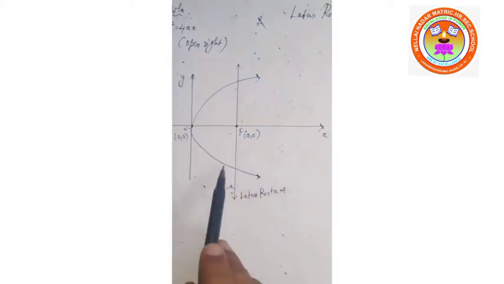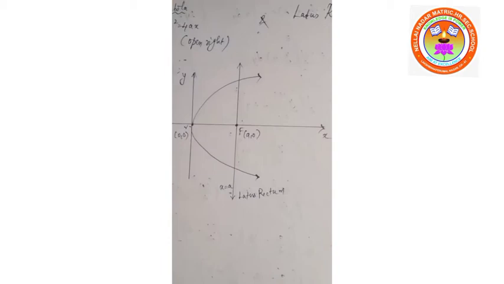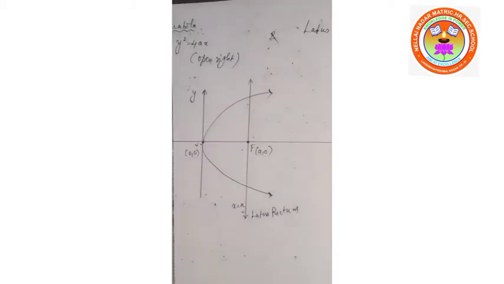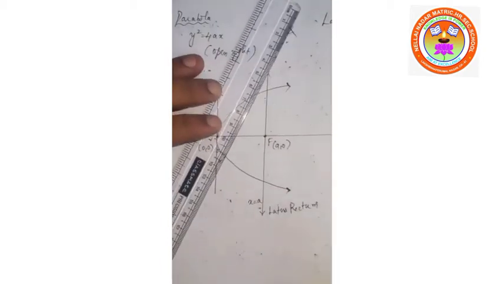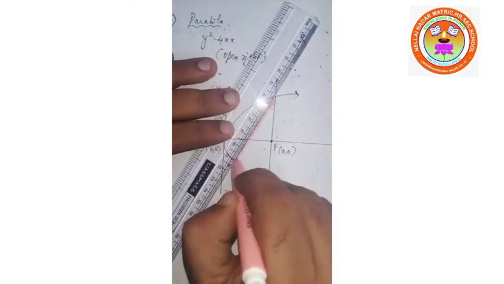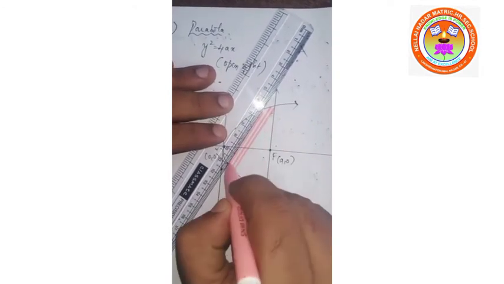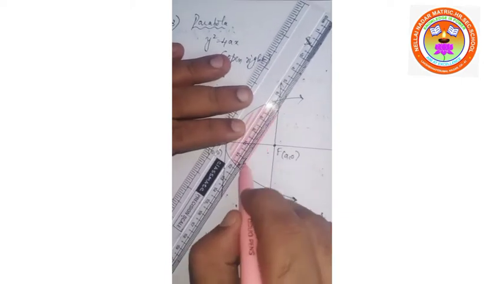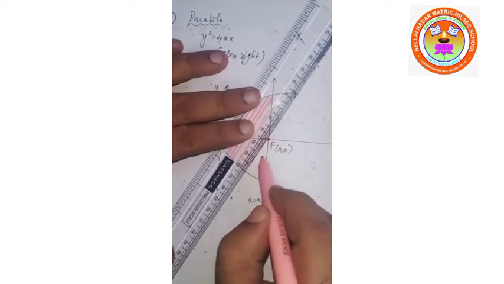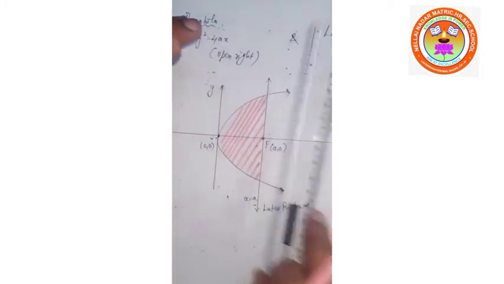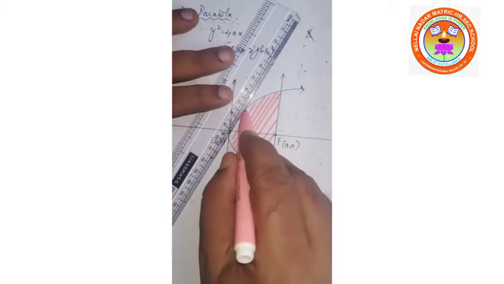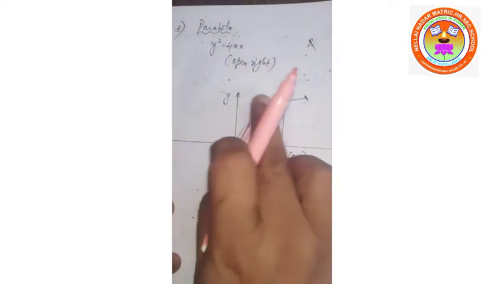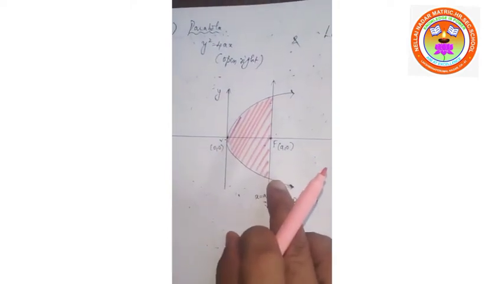Here is a closed region. We have to find out this area. This shaded region is the required area.